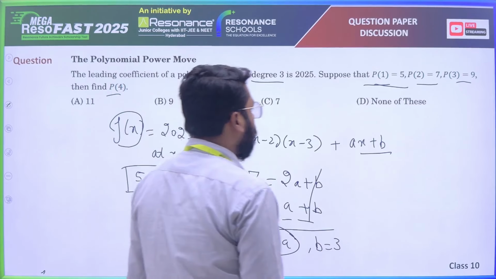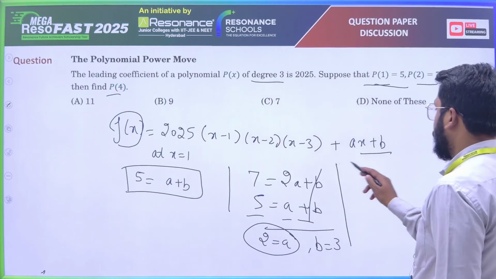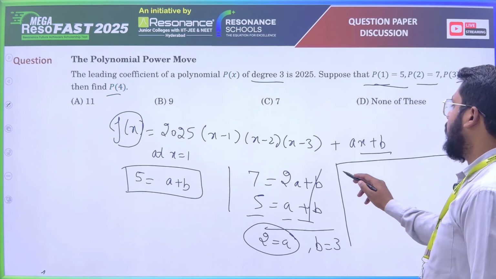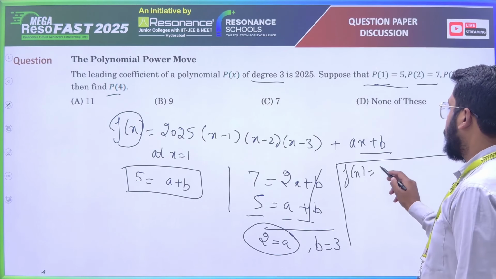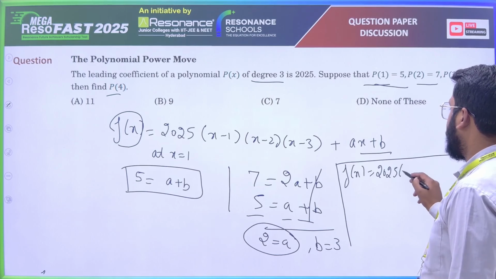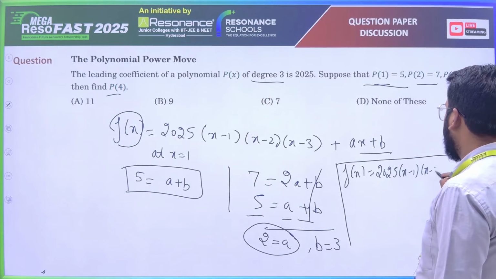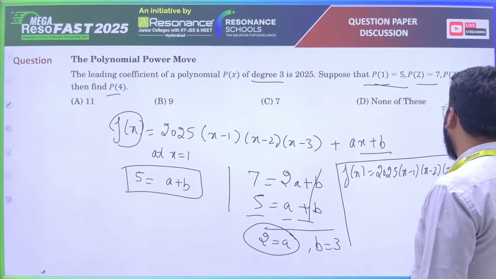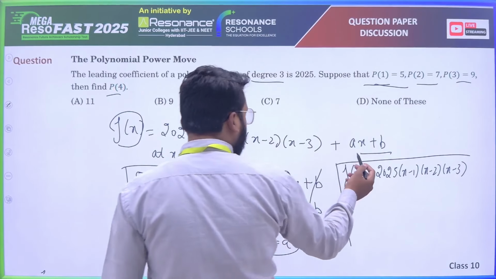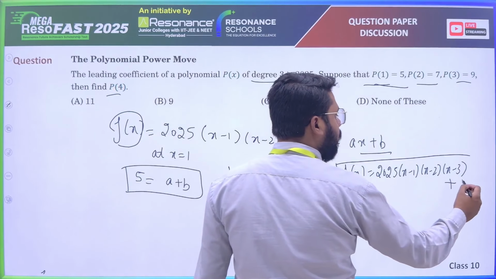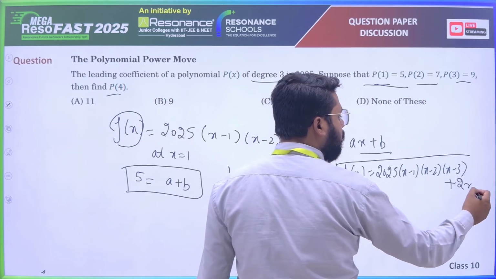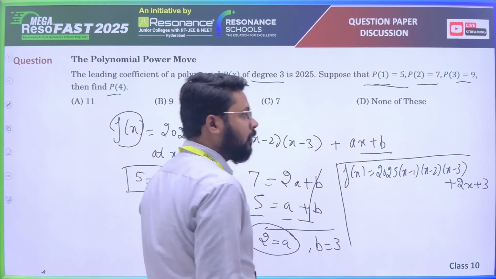So our exact polynomial will be f(x) equals 2025 into (x minus 1)(x minus 2)(x minus 3), and ax plus b, where a is 2, so we'll write 2x plus 3, because b is 3.